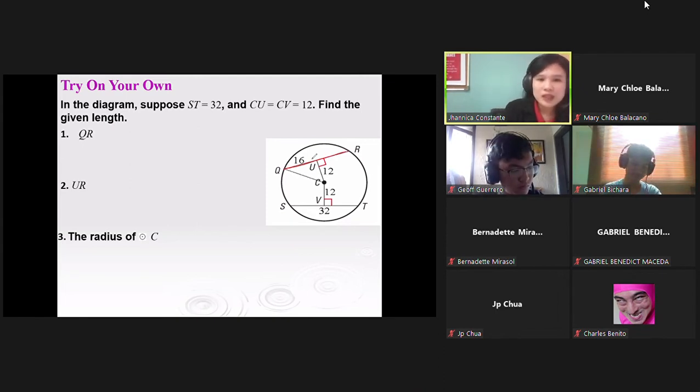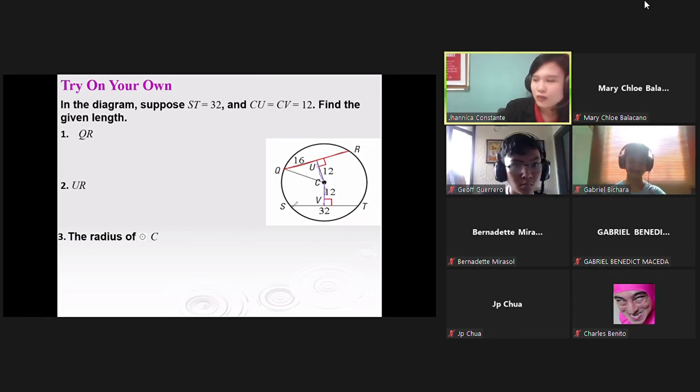So given that the two chords that we have in our circle are equidistant to the center of our circle, that means that the measurements of our chords are the same or congruent.